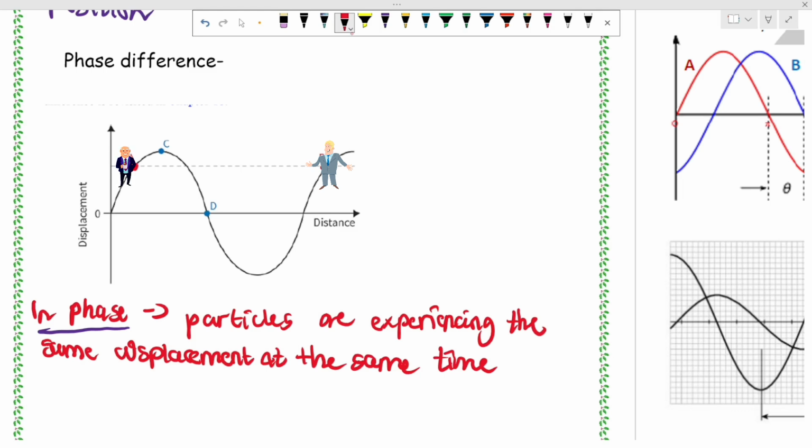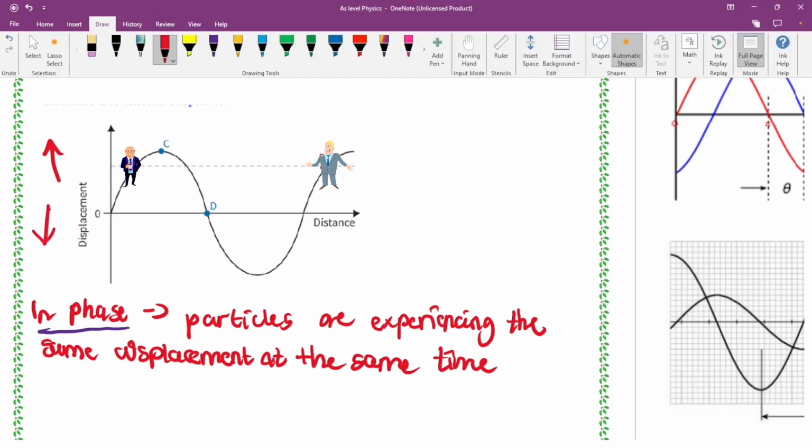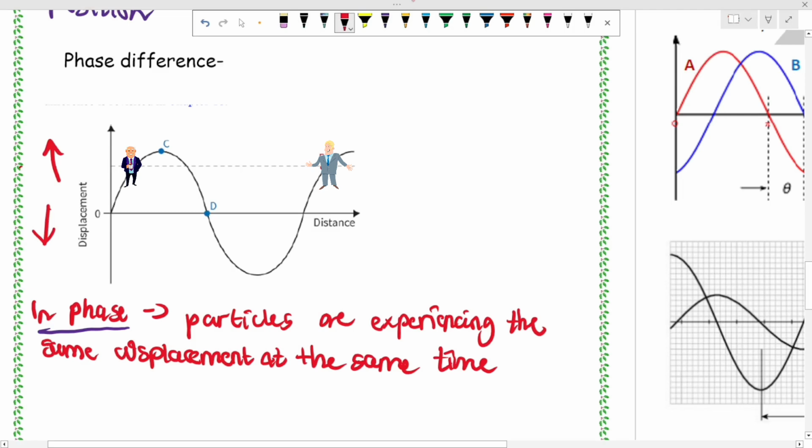Since in a wave like this, particles only move up and down, those are the only two directions that you can move in. In phase means that those particles are about to move up at the same time.